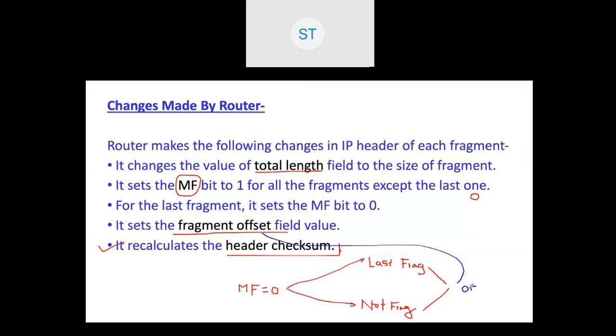It will check the offset. If the offset is not present, then it is a not fragmented datagram. If the offset has some value, that means it is the last fragmented datagram. Got the point? Clear?